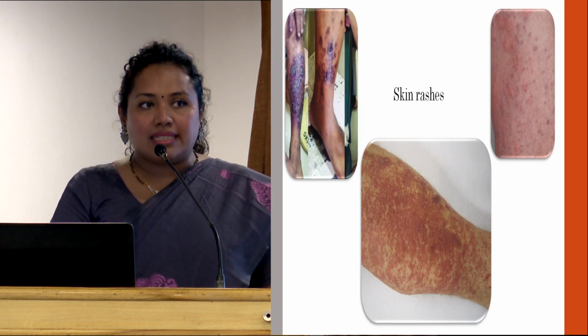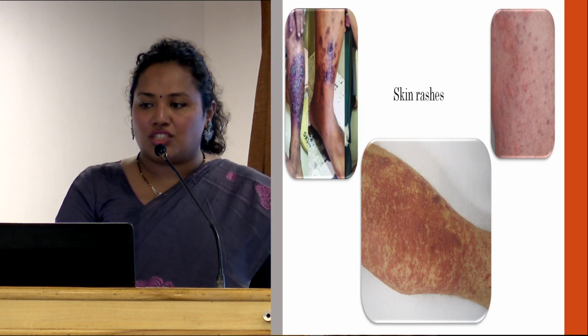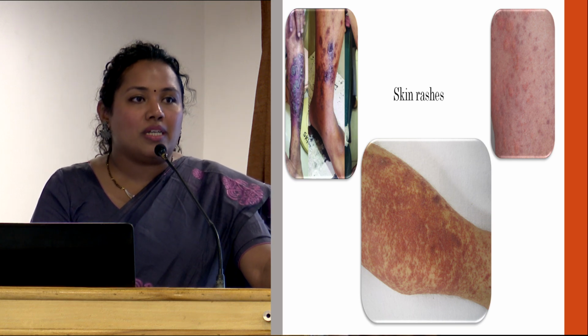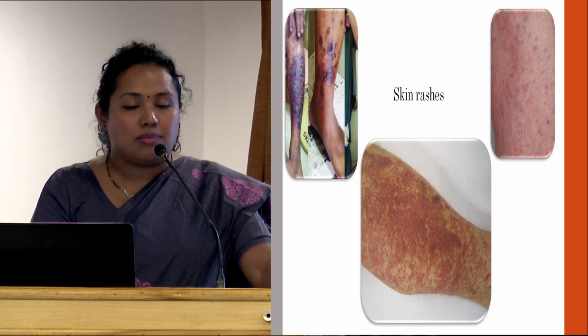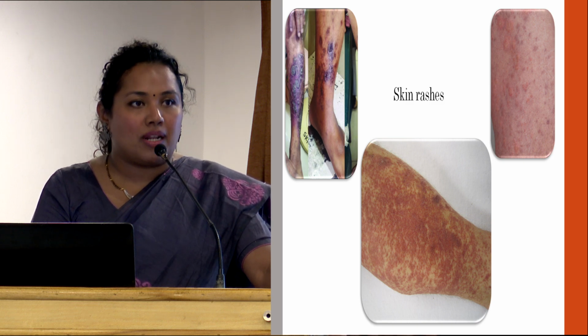We commonly see patients with skin rashes. The rashes could be small petechial purpuric rashes in the upper and lower limbs. It can be a maculopapular rash.